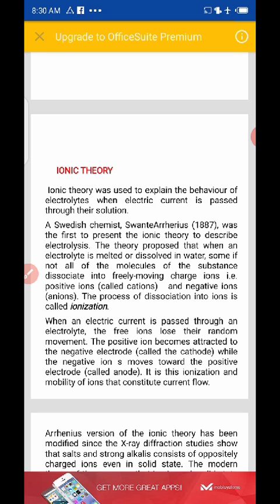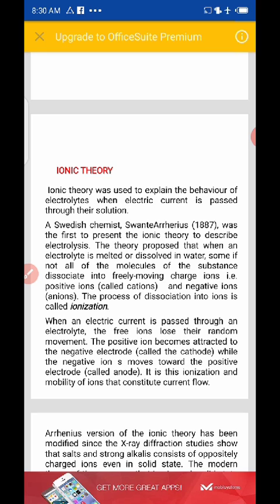So when an electrolyte is melted or dissolved in water, some, if not all, of the molecules dissolve into freely moving charges. It can be into their corresponding cations or corresponding anions, and the process of this dissociation is called ionization.